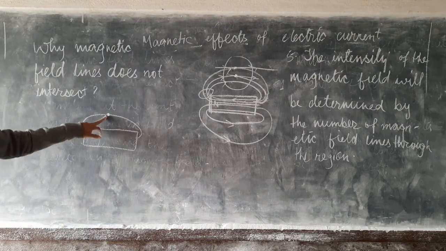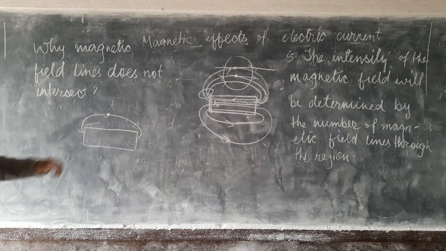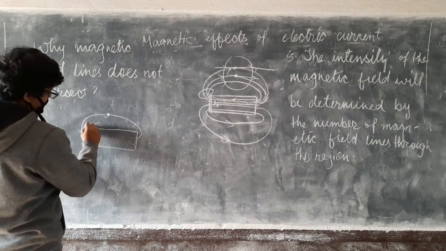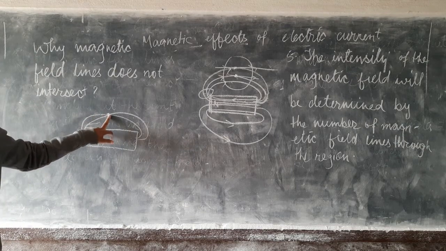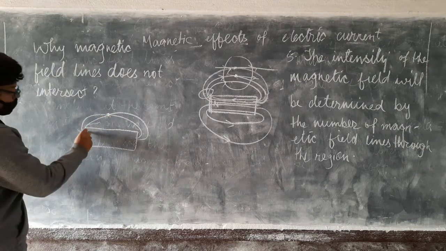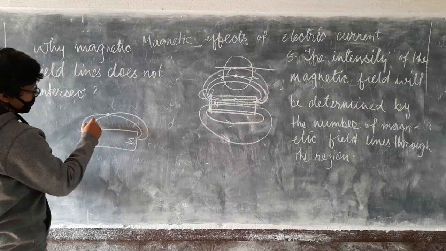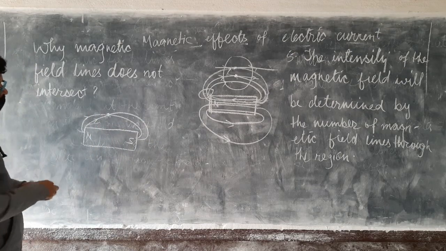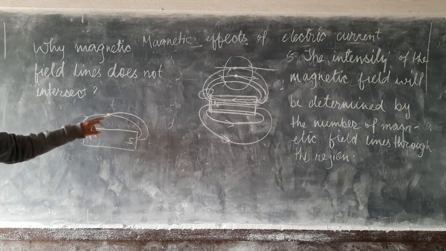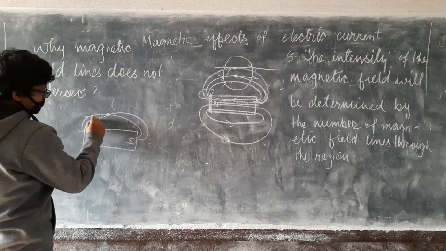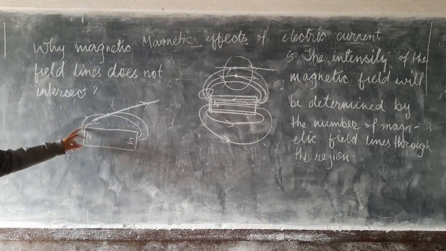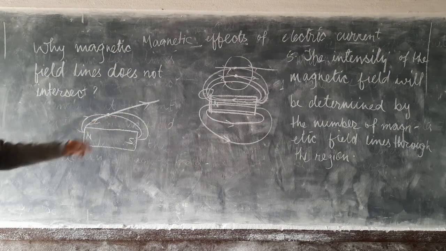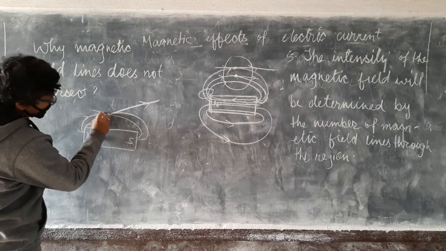Now suppose magnetic field lines are intersecting at this point, that means there will be something like this, two magnetic field lines. Now at this point you can draw two tangents. If this is north pole, if this is south pole, then this is the direction of the magnetic field line. Now tangent at this point in this line will be this, and tangent to the second line will be like this.